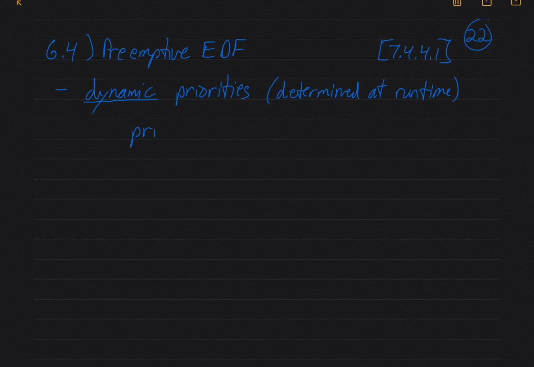And the priority is inversely proportional to the absolute deadline, or like the current deadline for the current instance of a task minus the actual time.